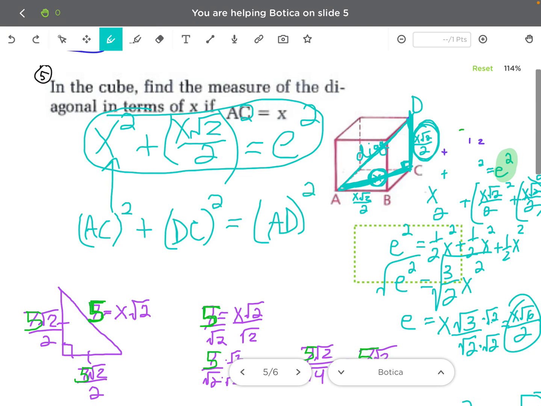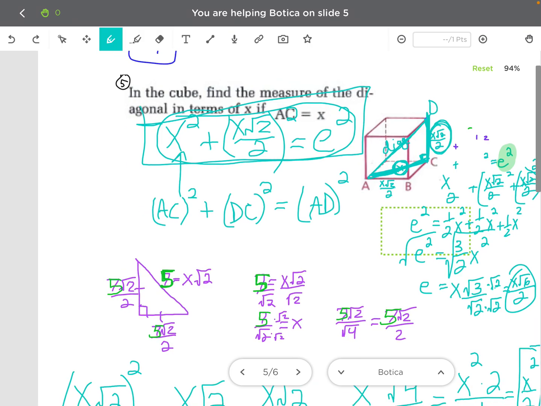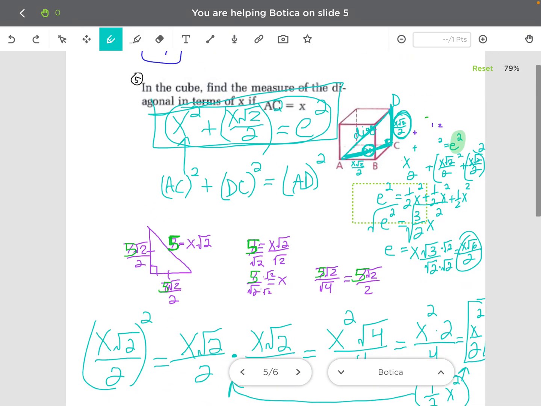Okay, so either way, if you did not make a system the way that I did it, I was just kind of showing you guys formulaically how you can find the diagonal in any kind of rectangular or cube prism. But you can absolutely do this problem and you'll get the same exact answer as I got.